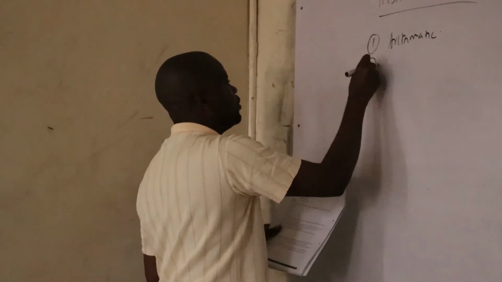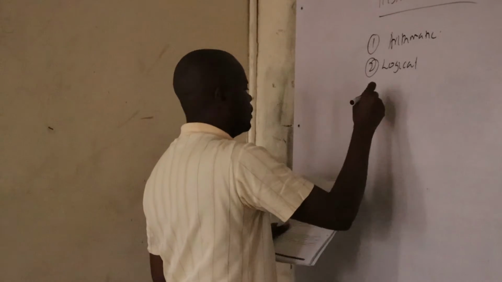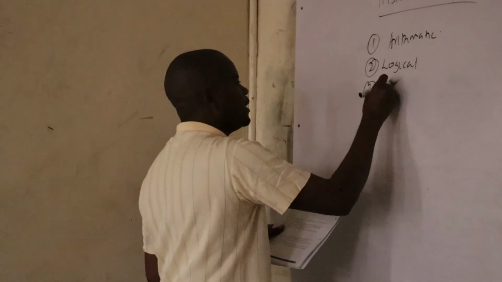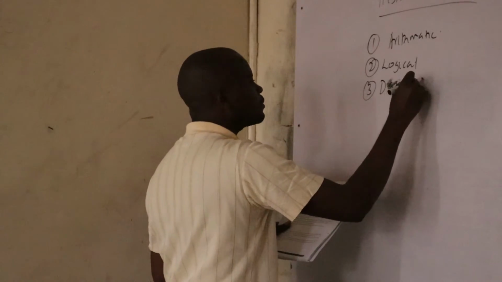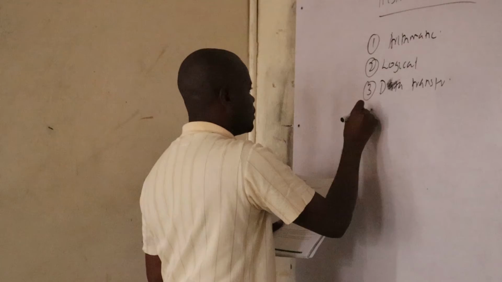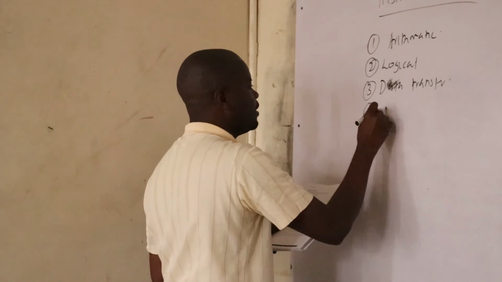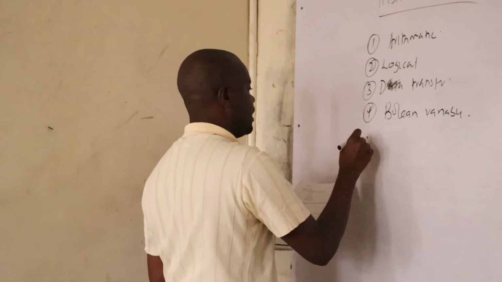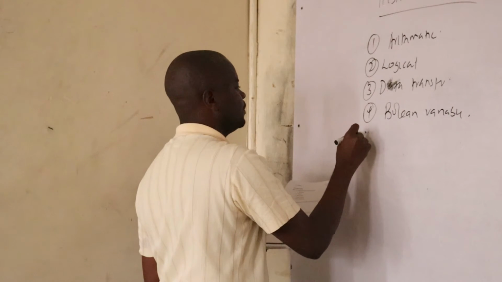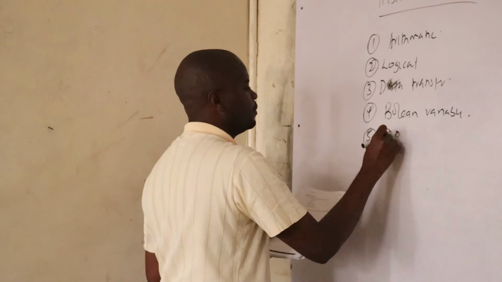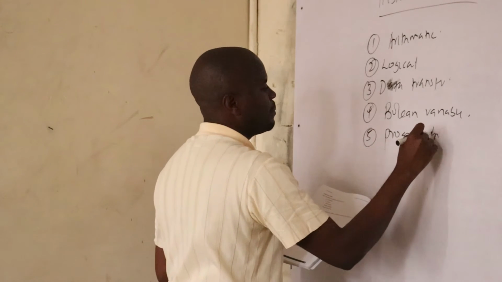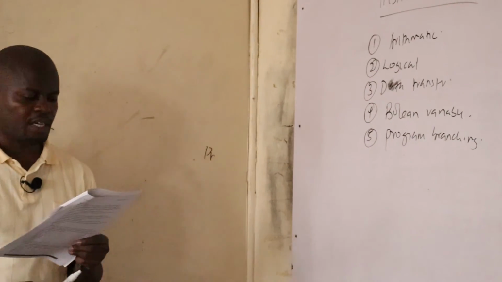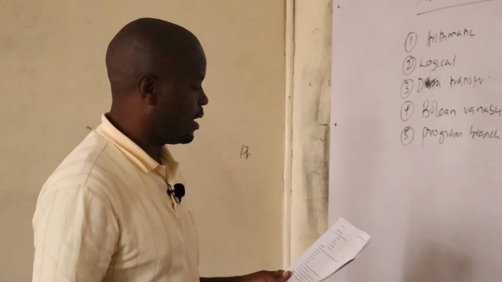We can also have logical instructions and data transfer. We can also have what we refer to as Boolean variable instructions. Then program branching. Those are the instruction types as far as the 8051 is concerned.